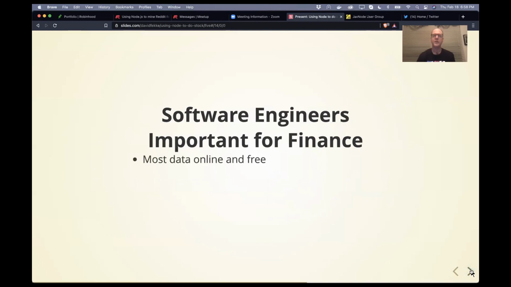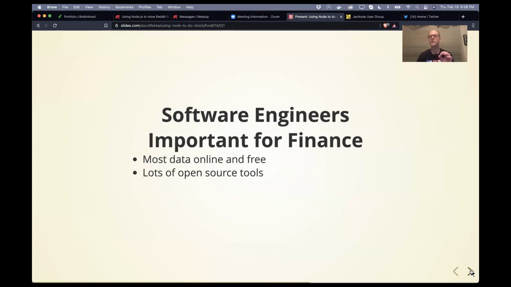So these are some of the topics I think are important for software engineers. Most of the data and most of the services you need to do this are either online already or free. There's lots of open source tools.